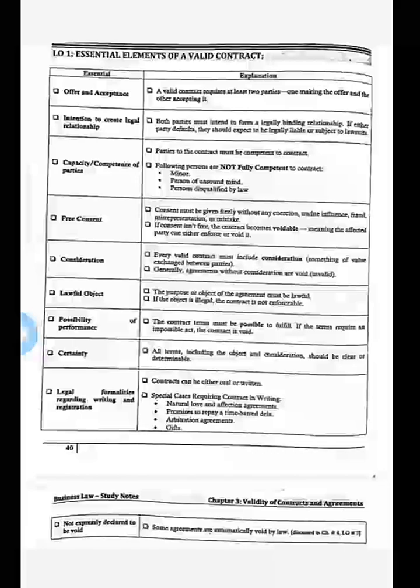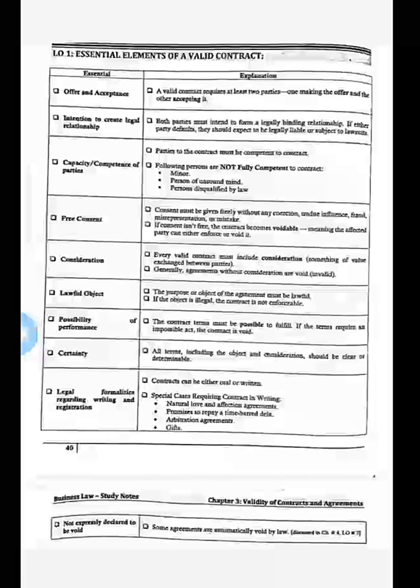So there must be a legal relationship between the two parties. If there is no legal relationship, and one breaches the rules and regulations, the other party will not be able to do anything. If there is legal binding and we bring in a third party, it will be helpful to obey the rules and regulations of the contract.